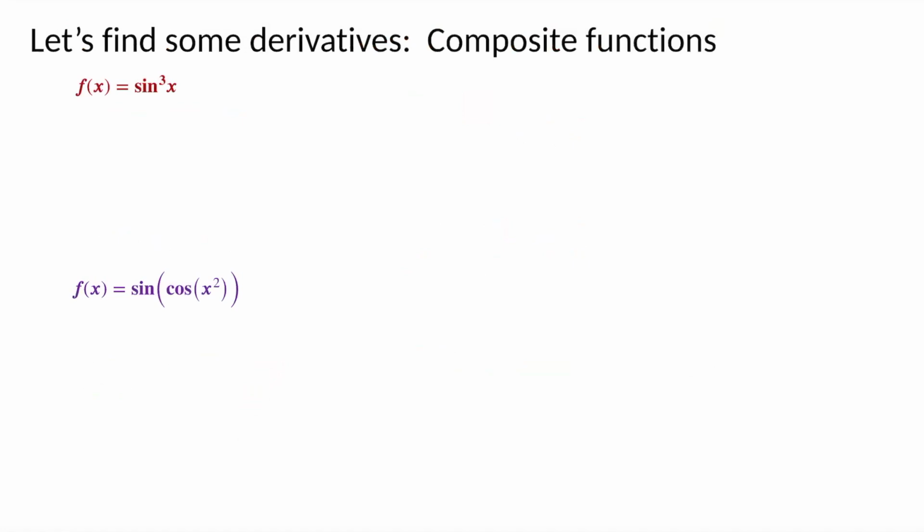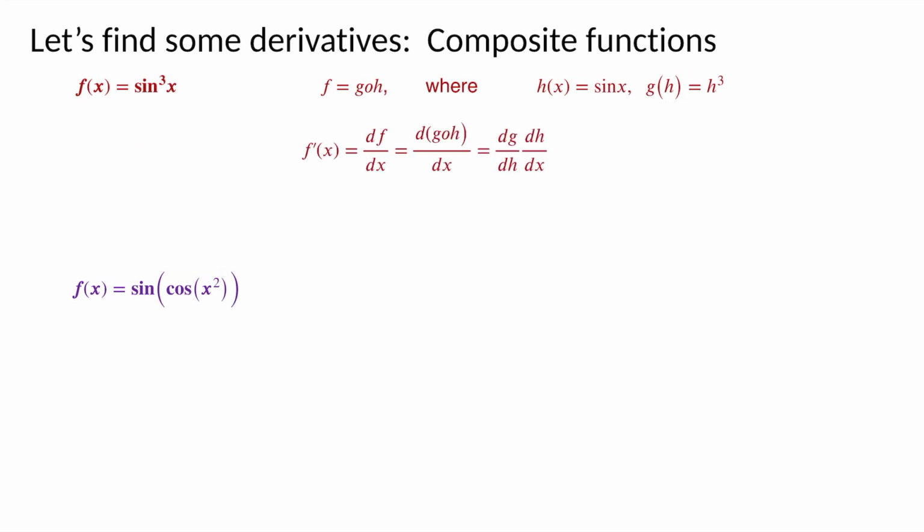Okay, let us now look at some other examples. What is the derivative of sine cube x? Now, this can be expressed as a composite of 2 functions, g and h, g of h rather, right, where h of x is represented as sin x, and g of h is represented as h cube, and if you substitute you can get this expression as you can see, and the derivative of that could be expressed as the product of these two derivatives.